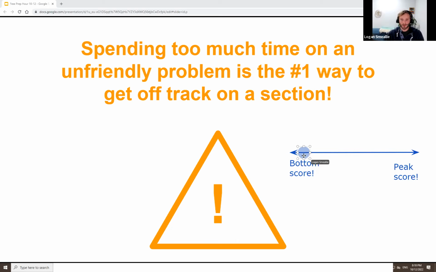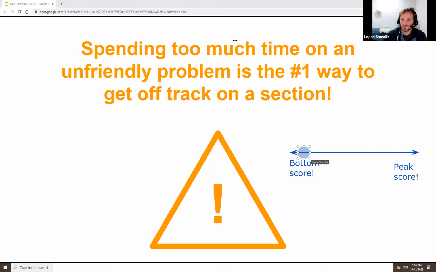Both of those train metaphors are things I hear a lot from students when they say, dang, I can't believe I scored that much lower than I expected. What happened is that they scored at the bottom of their score range, a lot of times because of timing issues. And giving your time to the problems that you shouldn't have given that much time to, I think it's not the only way at all, but it's one of the most common ways that this happens.